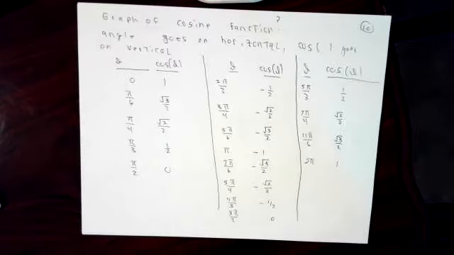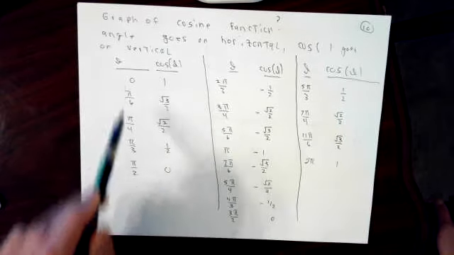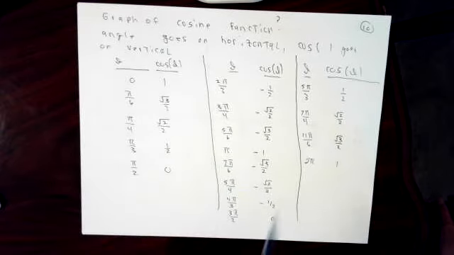Now, from that huge list of numbers I've got, I'm only going to write out the theta and the x-coordinates of the points, the cosine theta. So here's a bunch of theta values and their corresponding cosine of theta values. And I want to draw a graph of this thing.